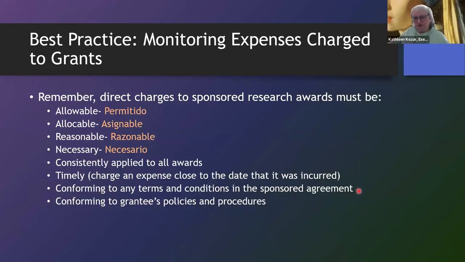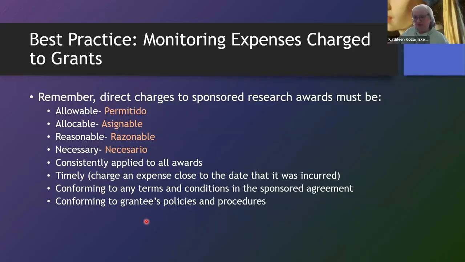And of course, you are always going to be looking at any expenditure to make sure that it is compliant with terms and conditions in the sponsored agreement. And again, as I mentioned, you also may need to take into consideration your own policies and procedures to make sure that the action is compliant with institutional policies.